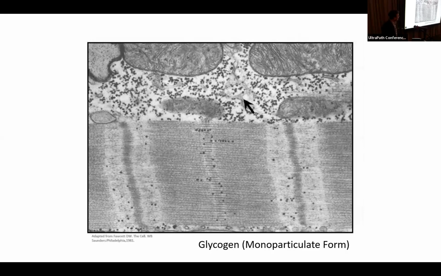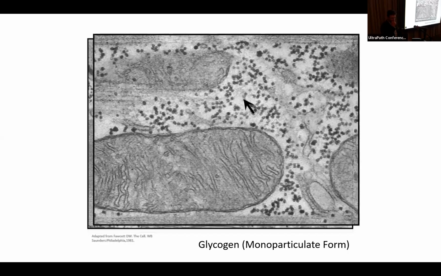The second type of glycogen morphology that we run into is the monoparticulate form or the beta form, and this is the glycogen type that we find mainly in smooth and skeletal muscle cells and perivascular cells. Those are not quite as common. Here they are.